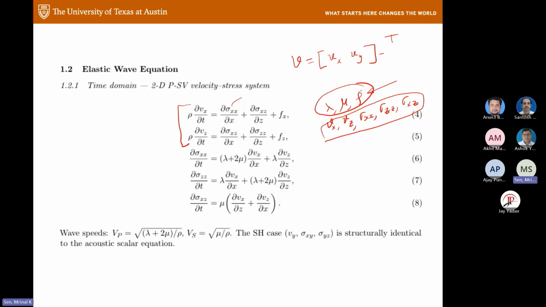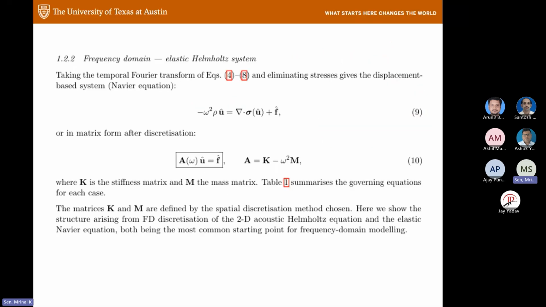So you can also merge these two and come up with a second order system. In the frequency domain, in the second order system, what we have is this one here. Now it turns out that you can write this in terms of a matrix equation.